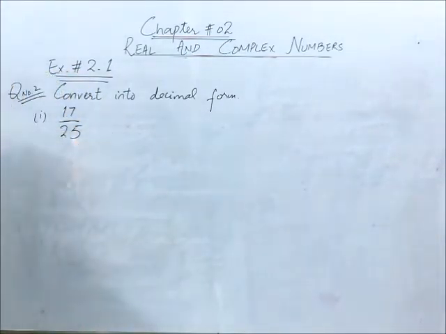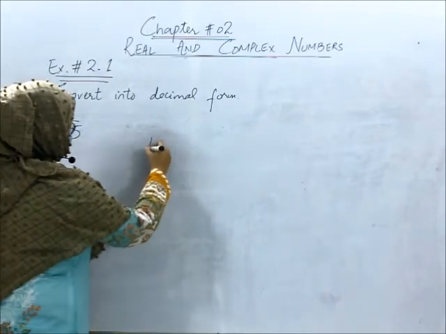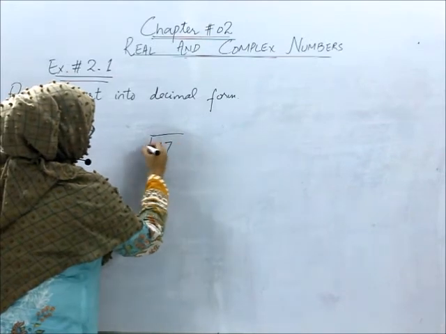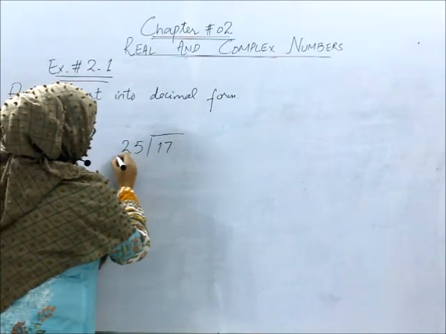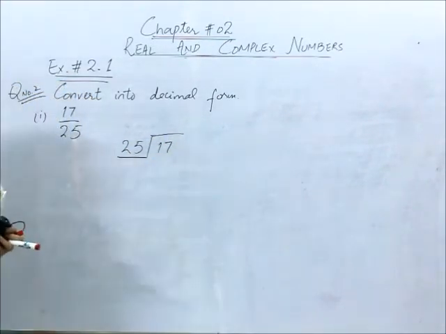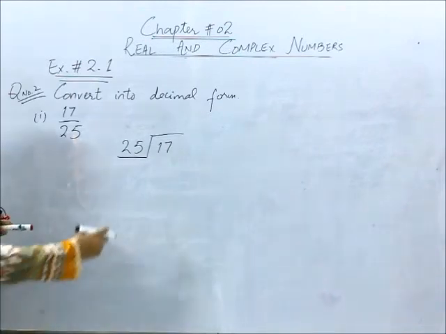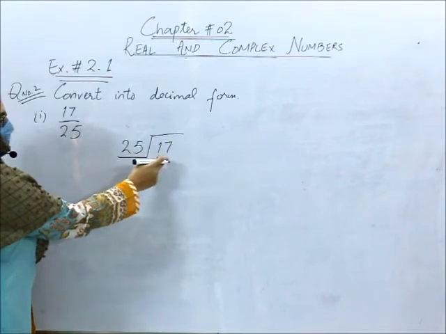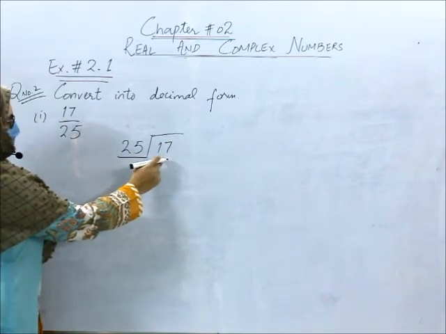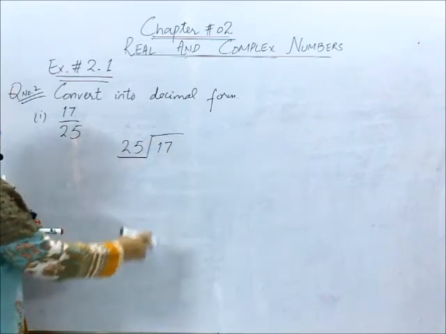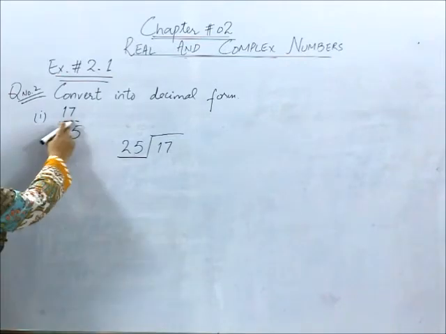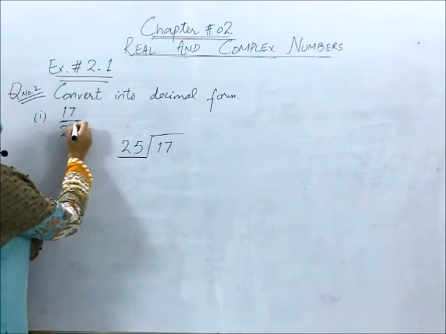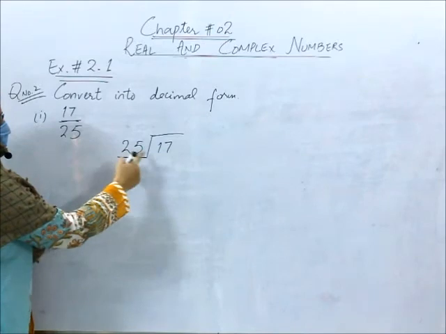How would you convert it into the decimal form? Definitely by division, as you have done it in the previous classes. Numerator would become the dividend, and the denominator would become the divisor.